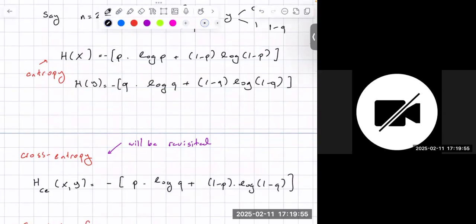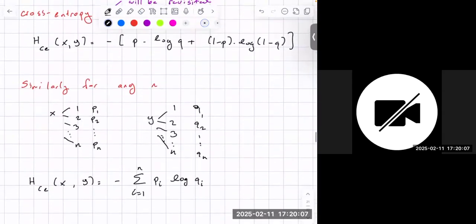Now, this was for distributions with only two values, 0 and 1. But for many values, it's going to be almost the same expression. Okay, so let me show you the many values version. Yes, uniform would be the highest, deterministic will be the smallest.